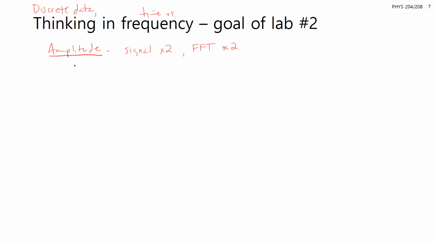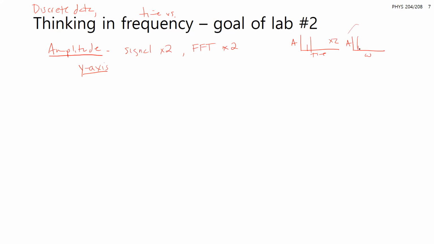And talking about the amplitude is also related to the discrete aspect of your data. Note the y-axis: if this is time, this would be your amplitude here, the magnitude of your signal, or if you're working in frequency, you would also have amplitude here. So if you start with some signal and you double that, you should expect to see the signal double over here.